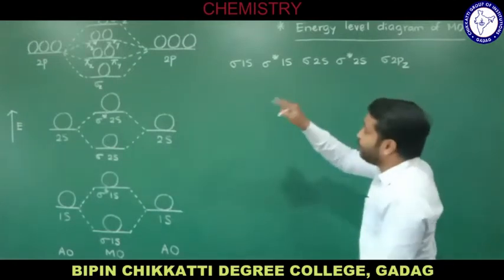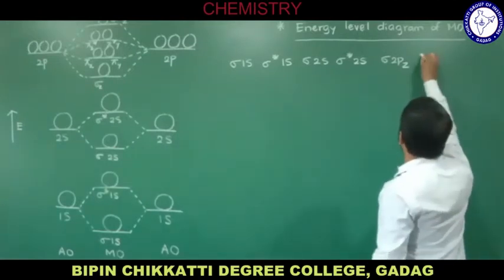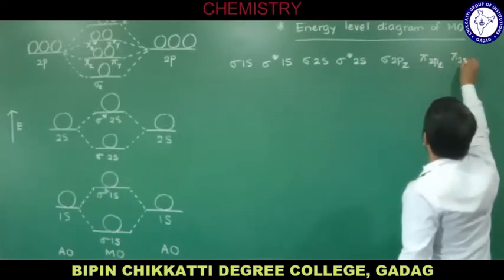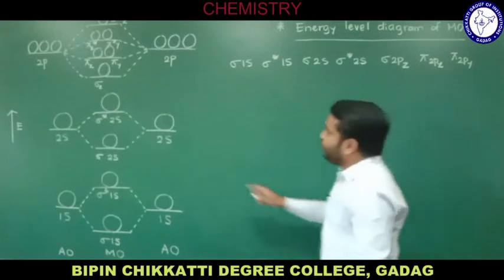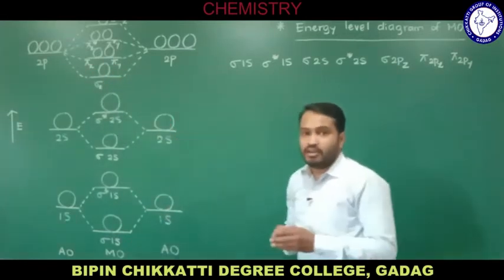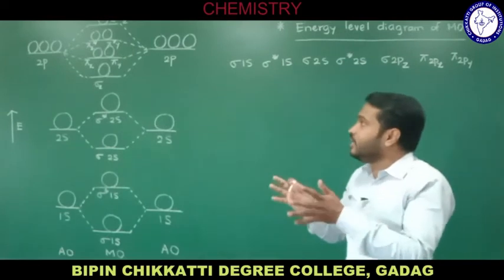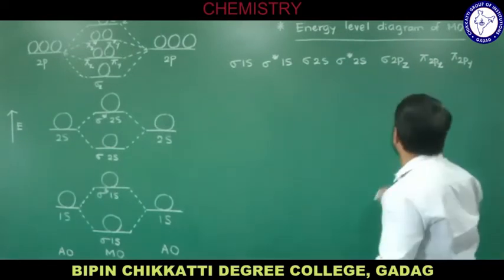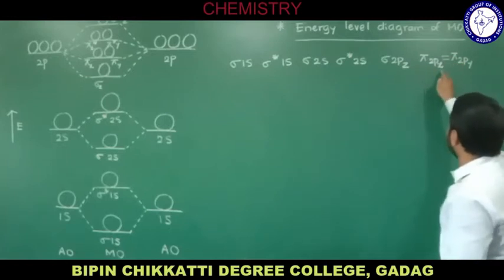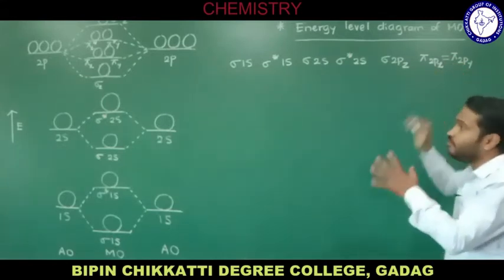And next we have pi x and pi y. So pi 2px and pi 2py. If you observe pi x and pi y, they are in the same energy level. Means the energies of pi x and pi y are almost identical. So therefore I represent an equal sign, meaning these pi 2px and pi 2py are of the same energy.